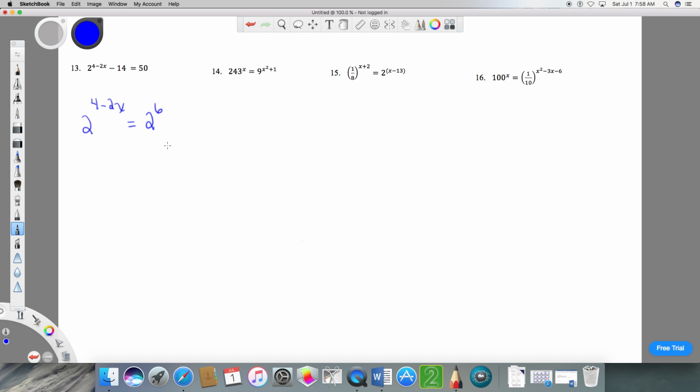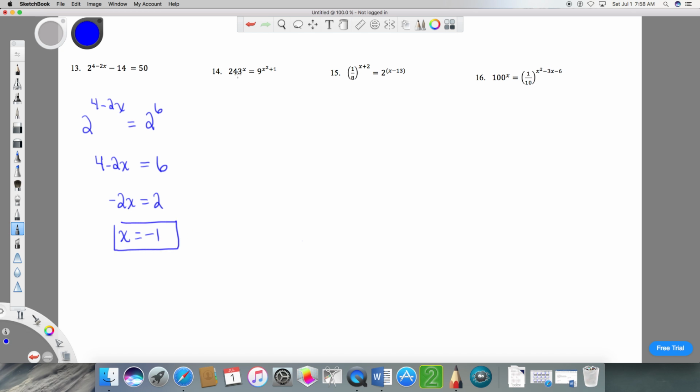So if these numbers are the same and the bases are the same, then the exponents must be the same by that property that it's a one-to-one function. So if I subtract 4 from each side, I see that eventually I get that x is -1.